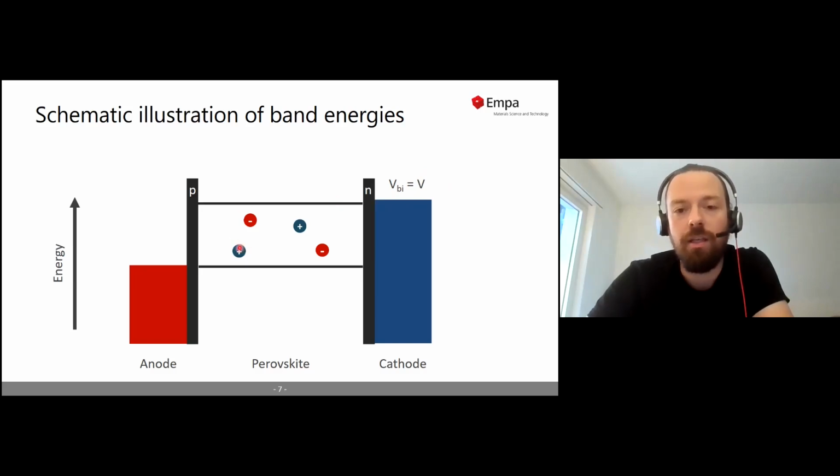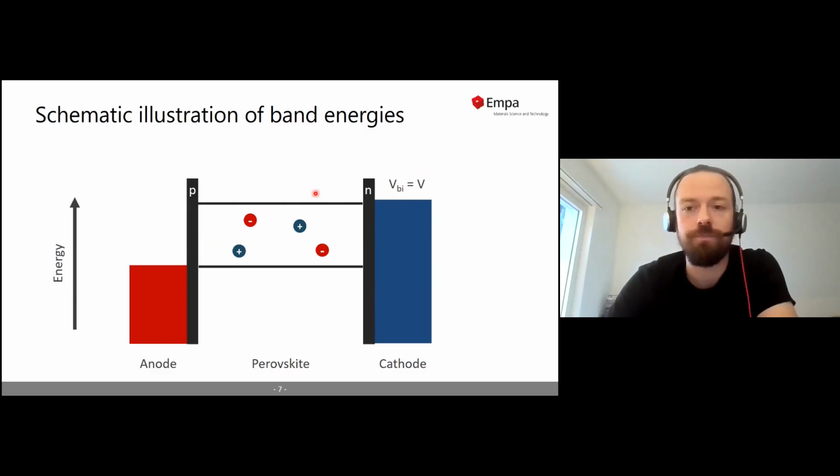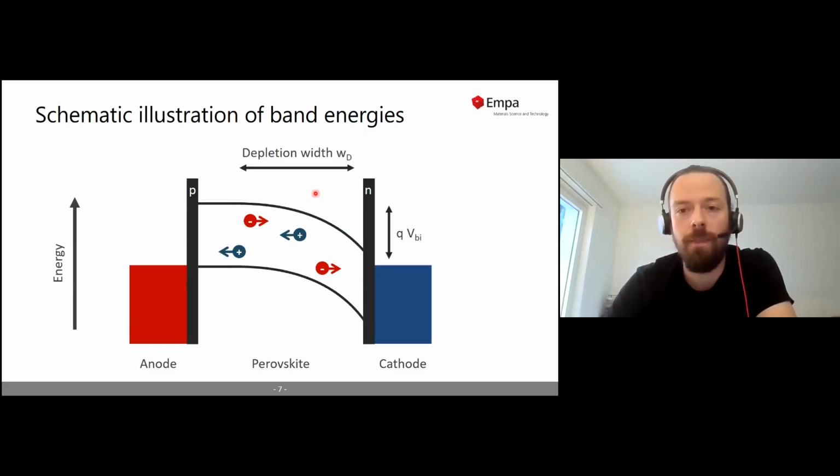And then if there are any mobile ions within the perovskite, these mobile ions would redistribute by diffusion until they are more or less homogeneously distributed within the perovskite. Now, if we go back to this scenario, if we have these mobile ions within the device and we now have a built-in electric field, these ions would drift in the built-in electric field towards the interfaces again.